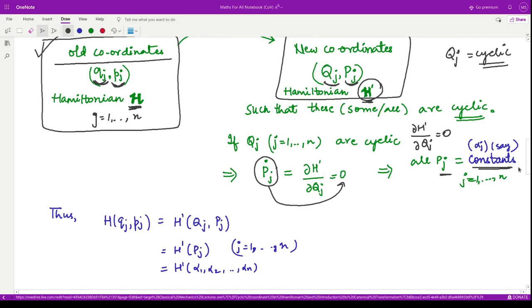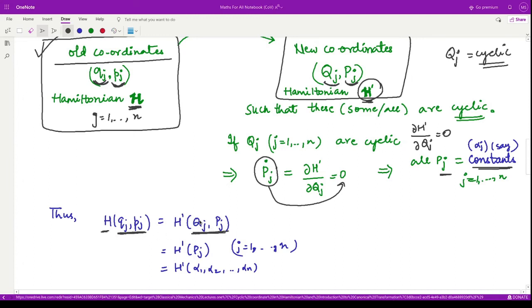So ultimately our Hamiltonian in the older coordinates small qj and pj is equivalent to writing it as h dash, capital Qj and capital Pj, right? That means we have changed our basis set from these canonical coordinates to this set of canonical coordinates.